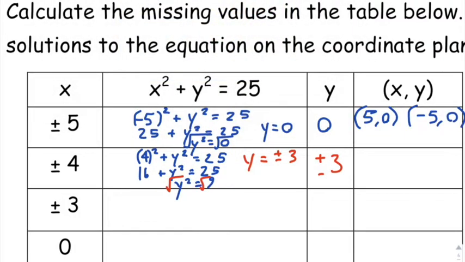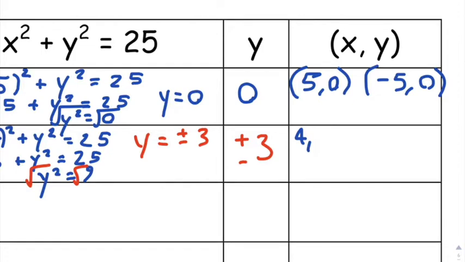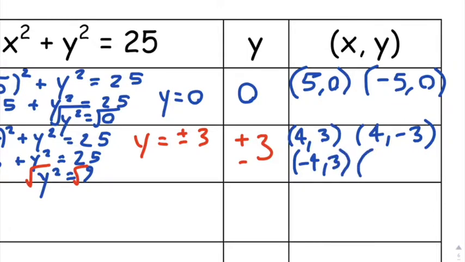Let's go back to the same color here. So there are 4 different combinations. When you plug in positive 4, you get 3 and you also get -3. If you plug in a -4, you square a negative and it still comes out as the same numbers. So that'll be 4, positive 3, and -4, negative 3.